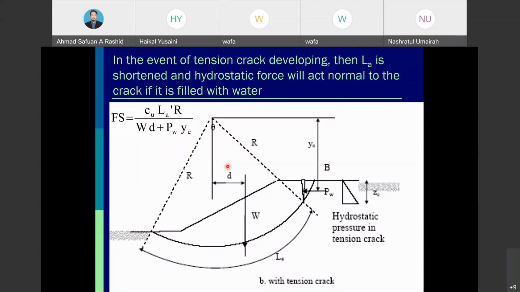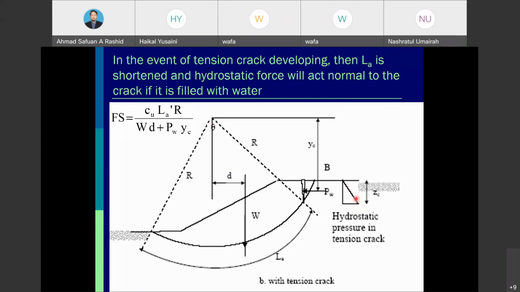Okay, so if the tension crack is filled with water, we need to determine the effect of this tension crack on the slope structure. So let's say if this tension crack doesn't fill with water, there will be no rho PW times YC.